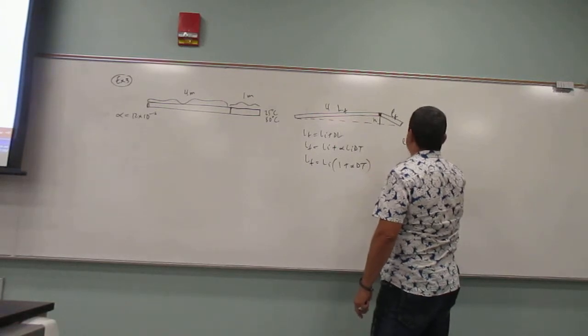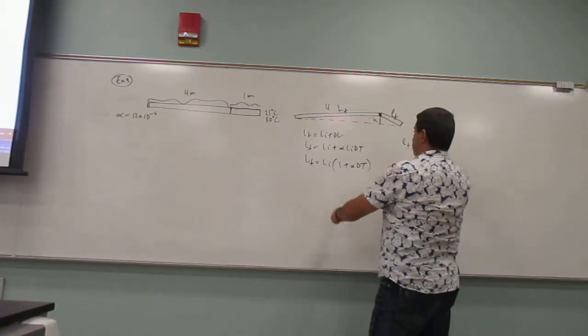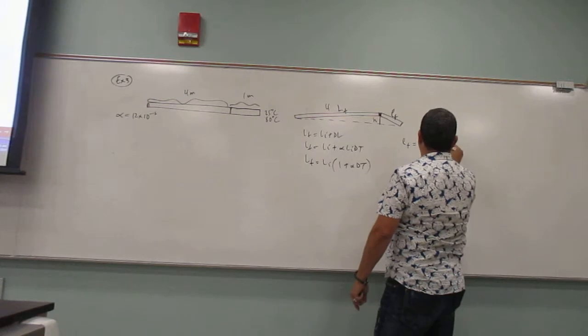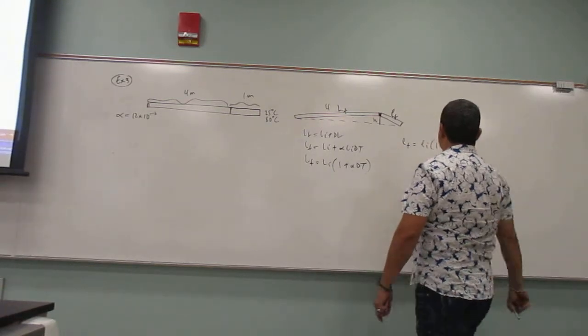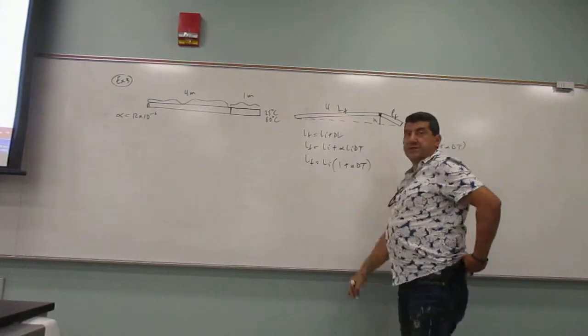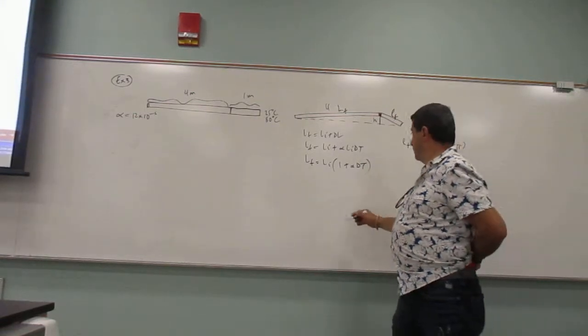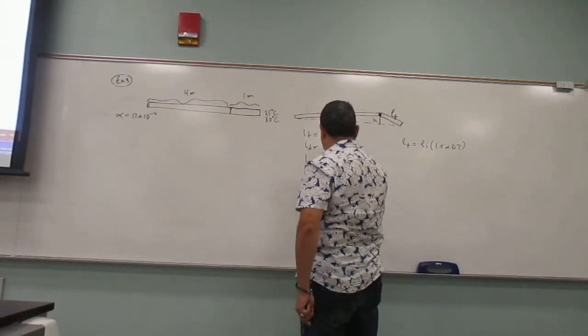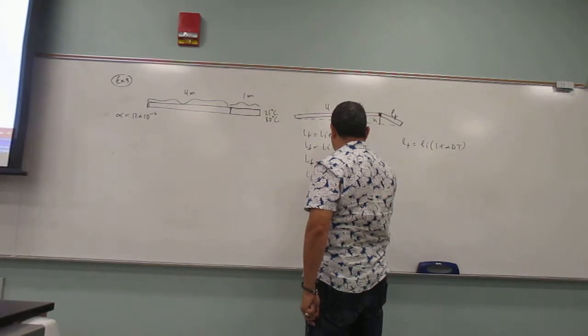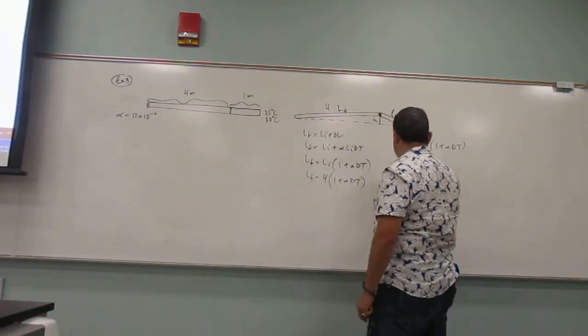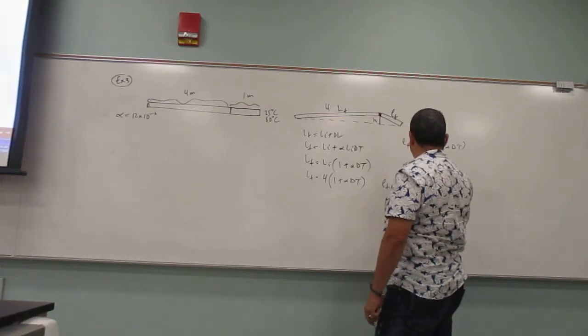It's a similar equation: little L initial (1 plus alpha delta T). The only difference is that that one was 4 meters to start with, and this one was 1 meter.